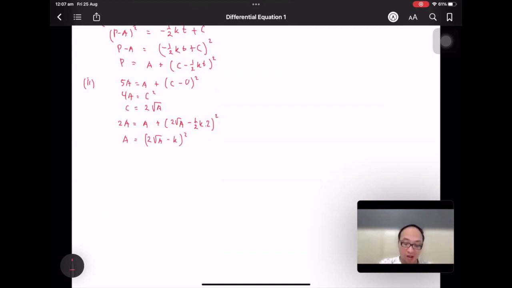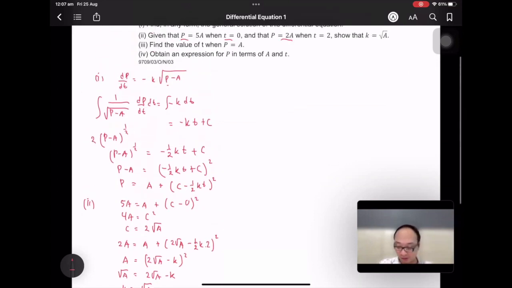So I remove the square, so it's square root of A equals 2 square root of A minus k. So k equals square root of A. Shown.